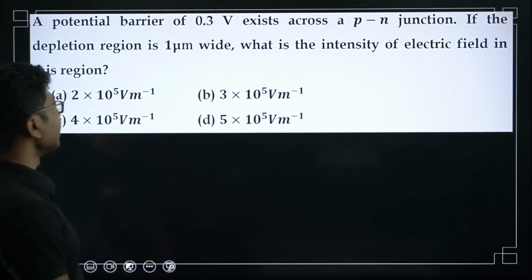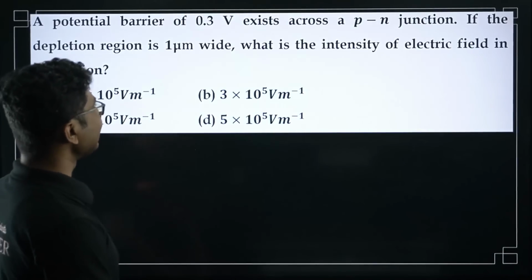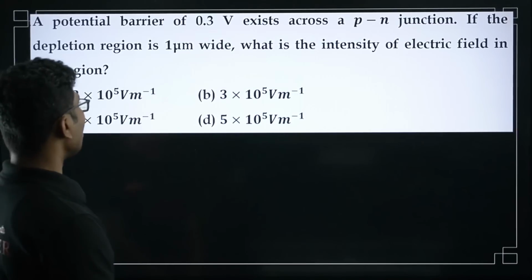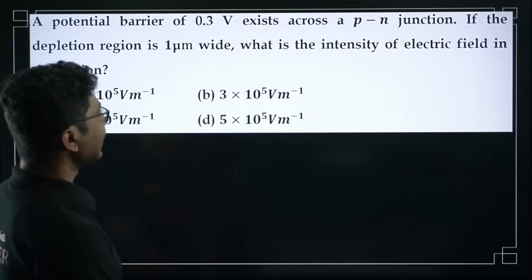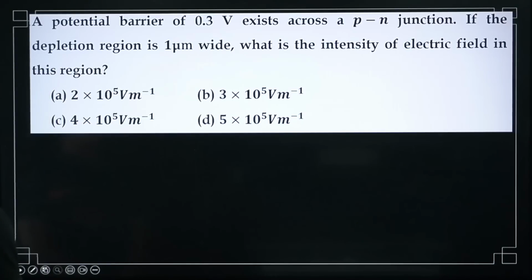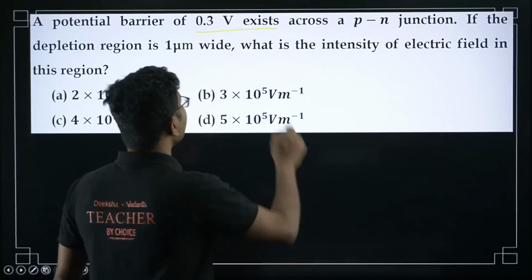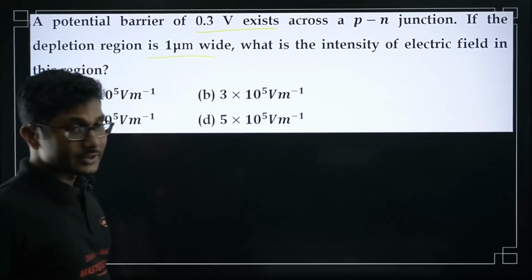A potential barrier of 0.3 volt exists across a PN junction. If the depletion region is 1 micrometer wide, what is the intensity of the field in this region? So potential barrier 0.3 volt is given, the width of the depletion region is given.